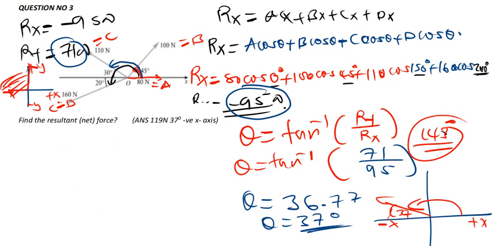In this case, let's just stick to negative x and positive x-axis. So you need to know how to present your answer. That is very, very important under vectors. And also you need to know how to resolve each vector into x and y component, and how to get the angle which you are going to use when resolving the vector. Okay, so that's what you need to know under vectors.